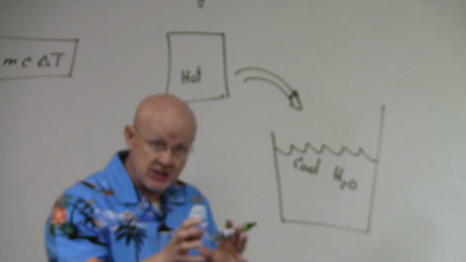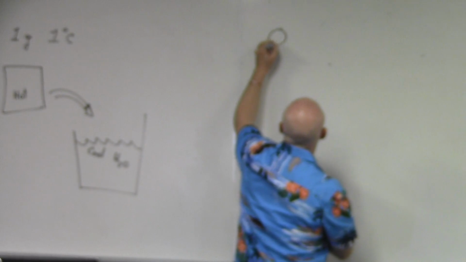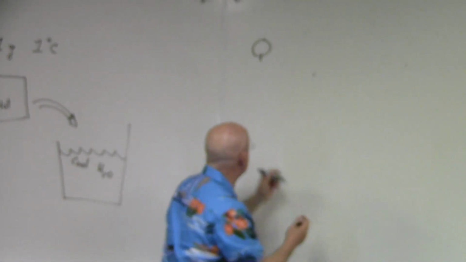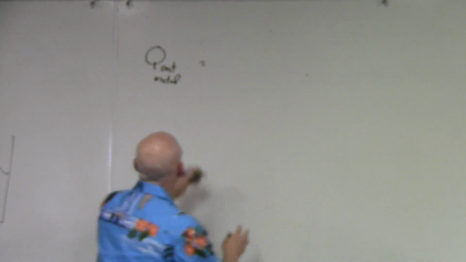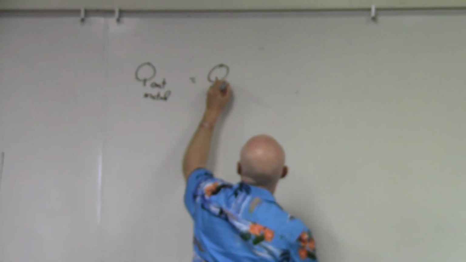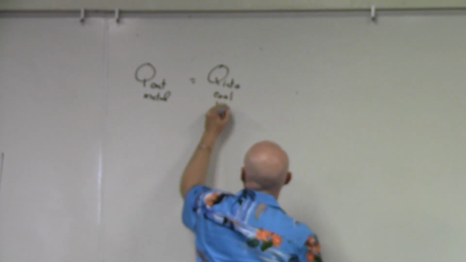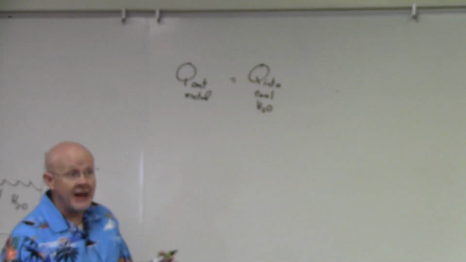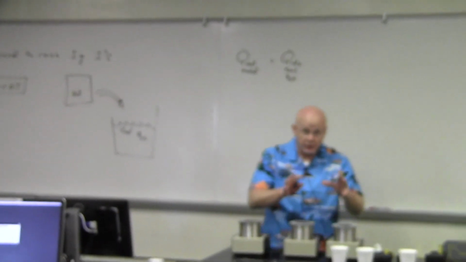Because of conservation of energy, the heat that comes out of the metal is equal to the heat that goes into the cool water. That's the whole idea behind this equipment that we're going to do in just a second.